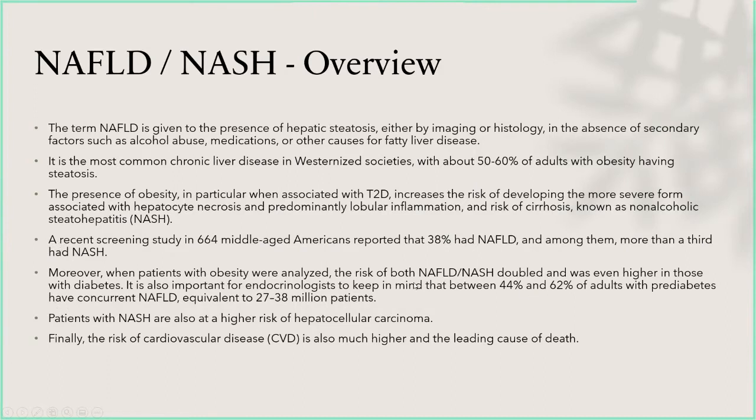When you look at it in patients with diabetes, this is even more common. And we'll come to that. So patients with NASH are also at a higher risk of developing hepatocellular carcinoma. And finally, the risk of cardiovascular disease is much higher and the leading cause of death in NAFLD.